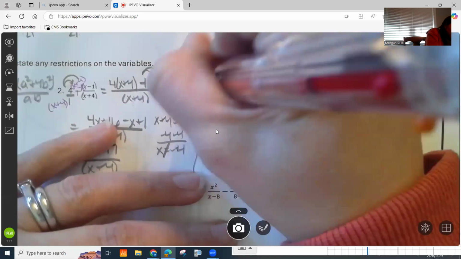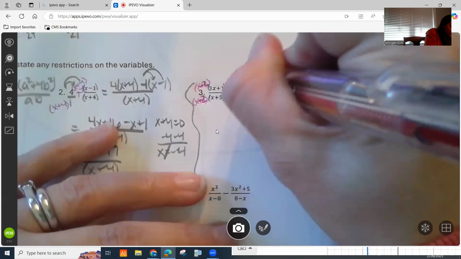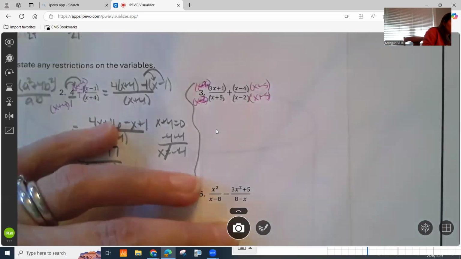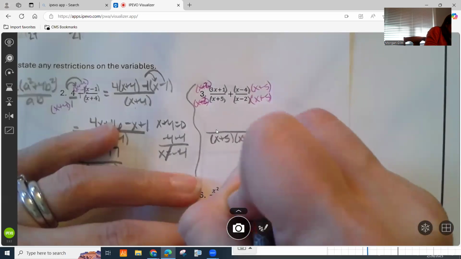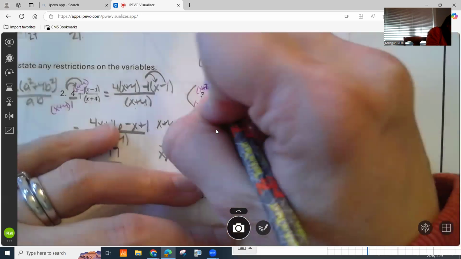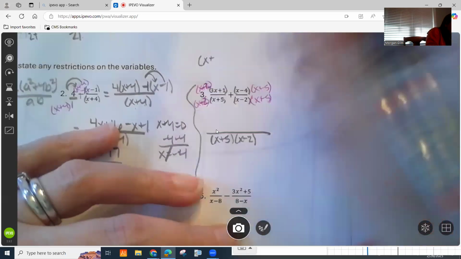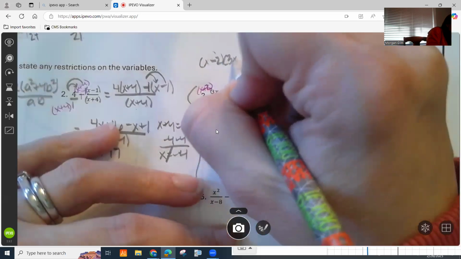Here, I need the x plus 5, top and bottom. So my common denominator is x plus 5, x minus 2. All right, so here. Now, please realize I am multiplying out x minus 2 right here and 3x plus 1.